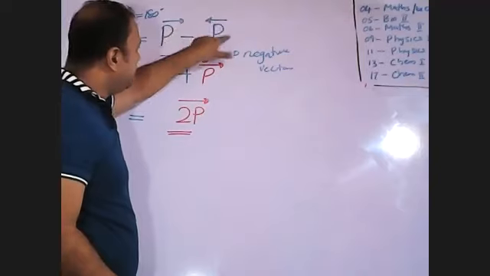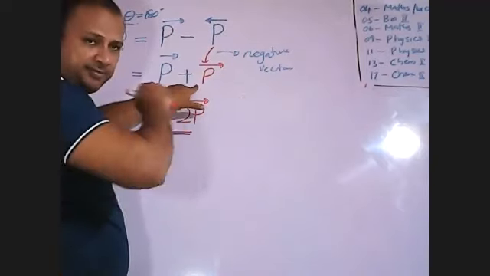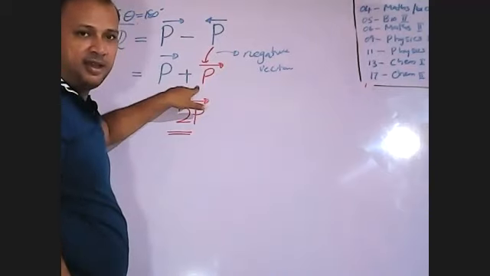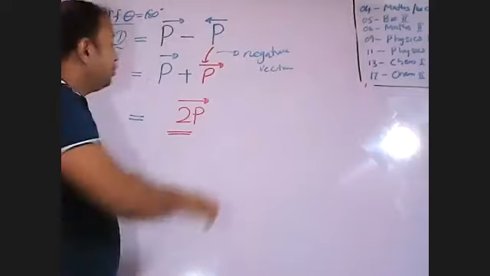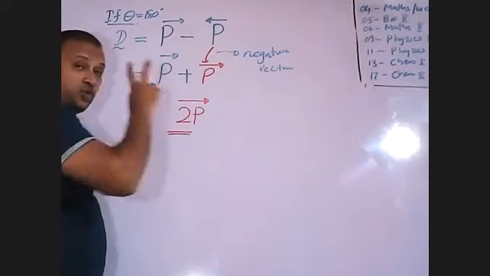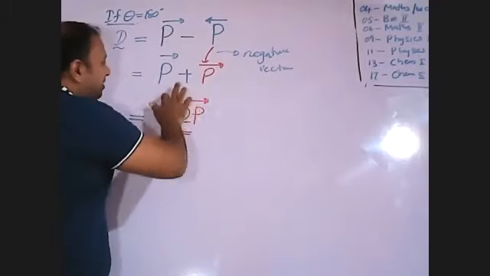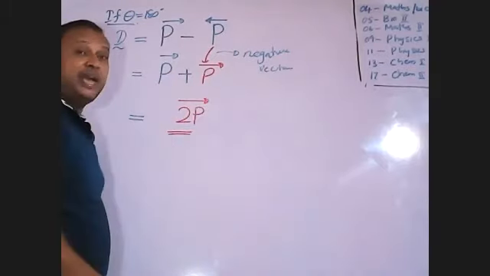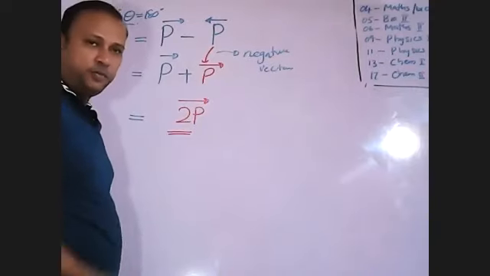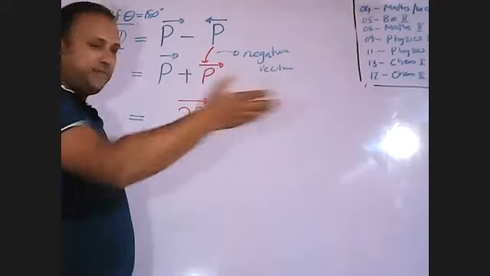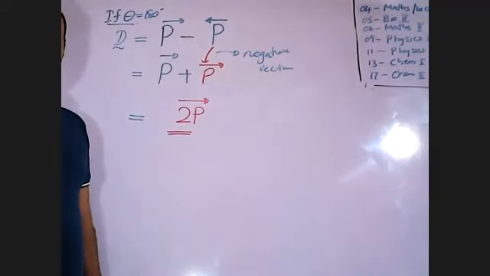So the negative vector of P is P, but in this way. Then now I have two equal vectors in the same direction, and I have to add those two. If I add those two, I will have 2P in that direction. Yeah, I got it.